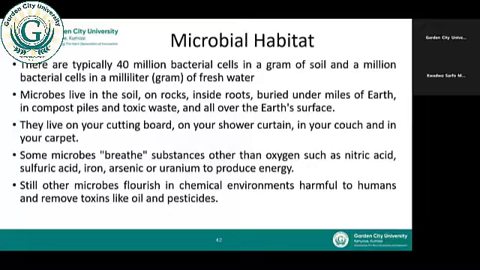Microorganisms also differ in oxygen requirement. We shall come to that. Some also use nitric acid and sulfuric acid to produce energy. Some can live efficiently in chemical environments that are harmful to humans, and some of these are beneficial.